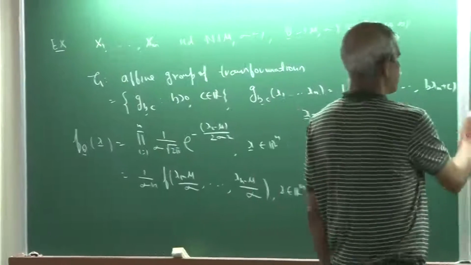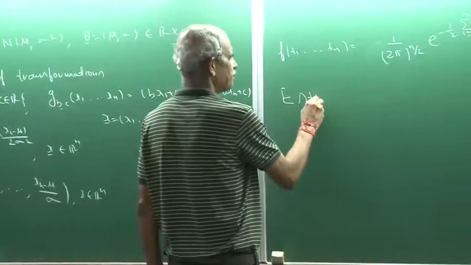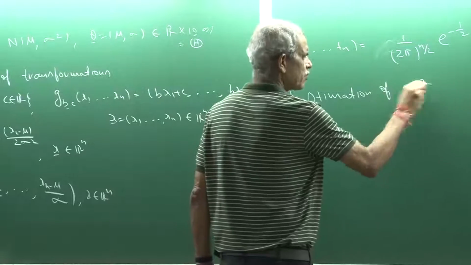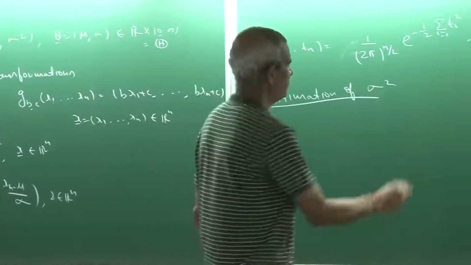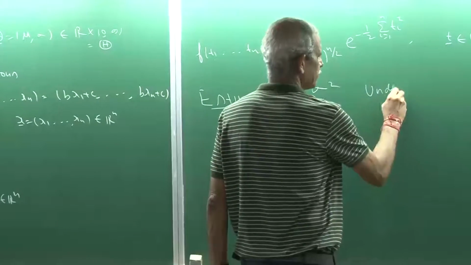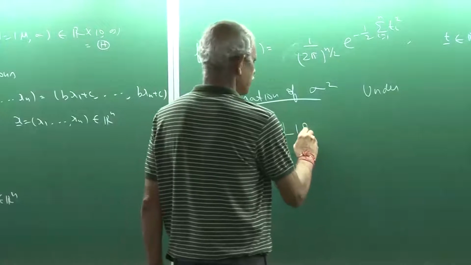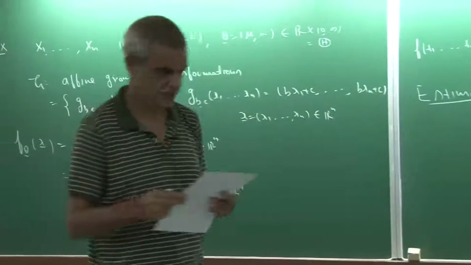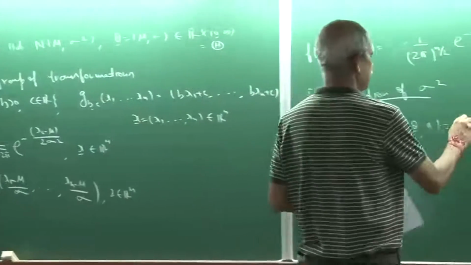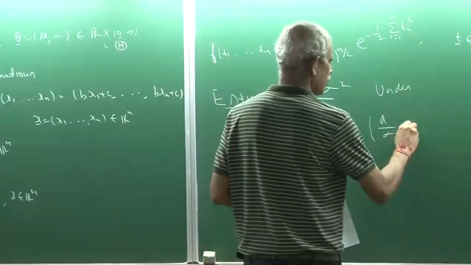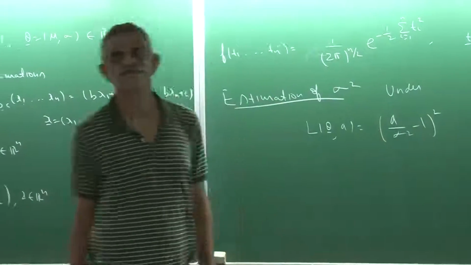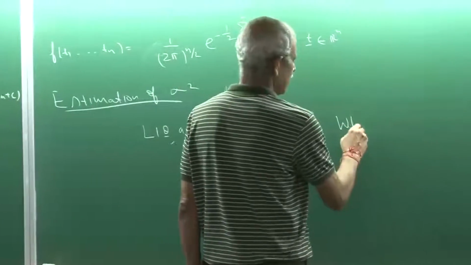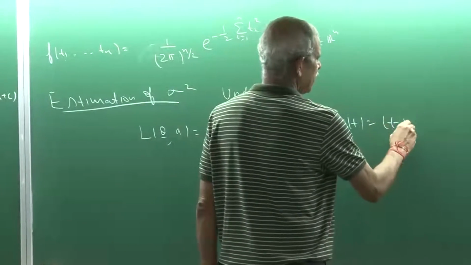And since I'm talking about estimation of sigma square under the loss function L(theta, a), which is nothing but (a by sigma square minus 1) whole square, here W(t) is nothing but (t minus 1) whole square.